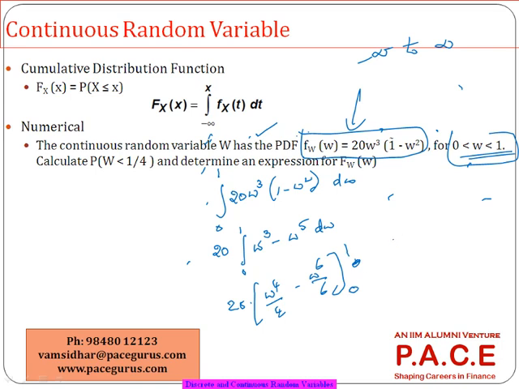So substituting 1 in place of w, it is giving me 1 by 4 minus 1 by 6. Substituting 0, it is anyhow 0. So probably I am getting 3 minus 2 over 12, which is 1 by 12.